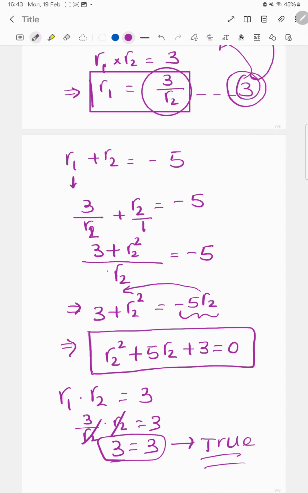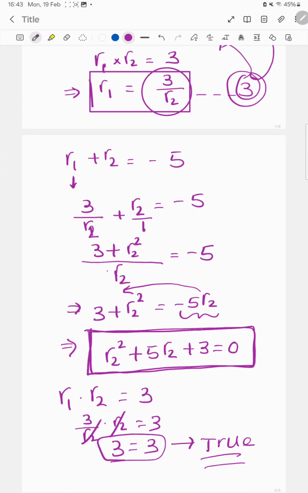Okay, good. So what does it mean that r2 squared plus 5 r2 plus 3 is equal to 0? That is the question. From here, we are going to have two roots again. When we consider this as a quadratic equation, we are going to have two roots.